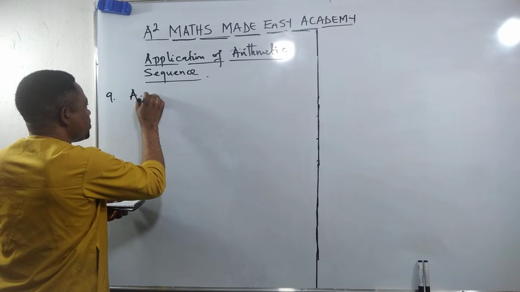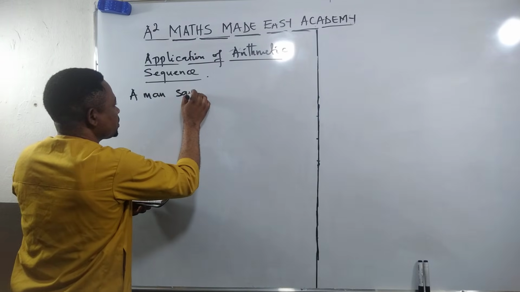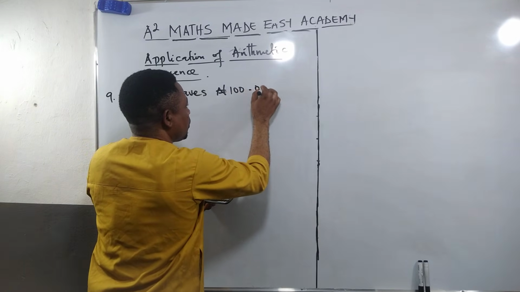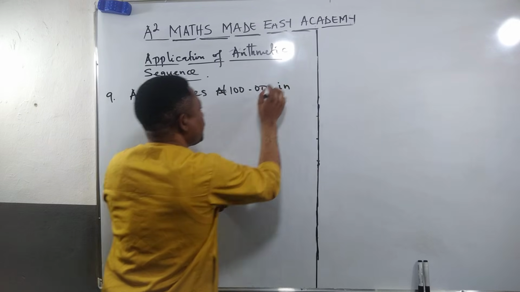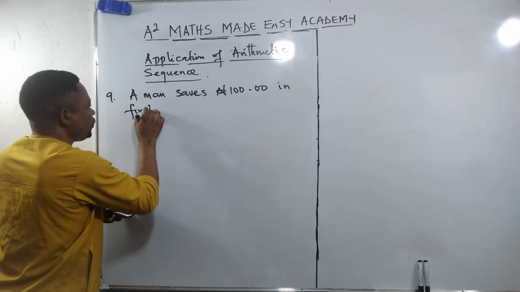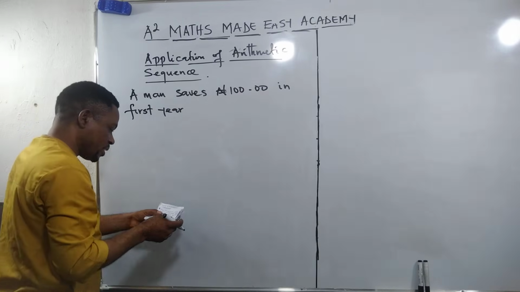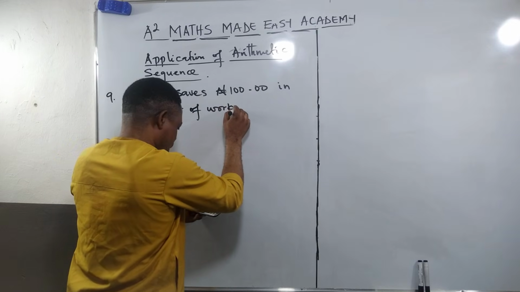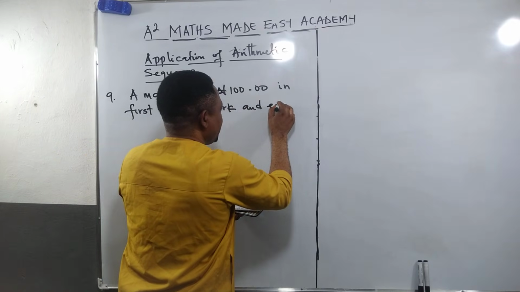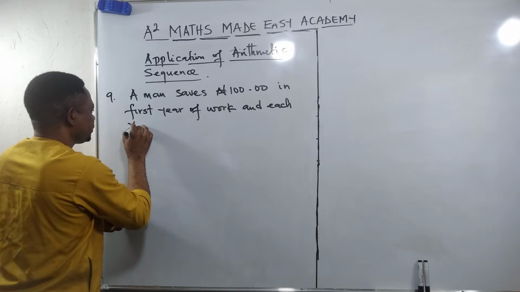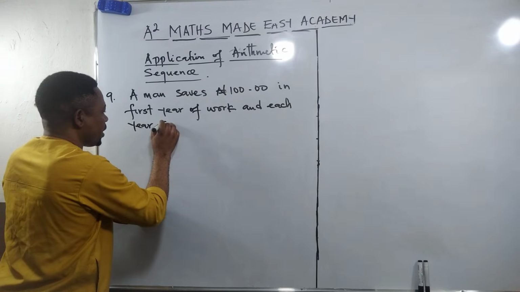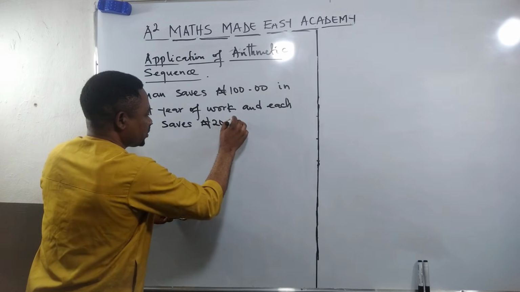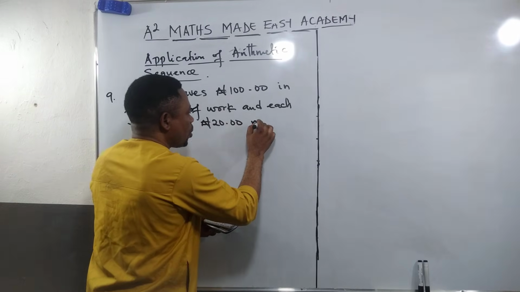The question says a man saves 100 naira in the first year of work, and each year saves 20 naira more than in the preceding year.